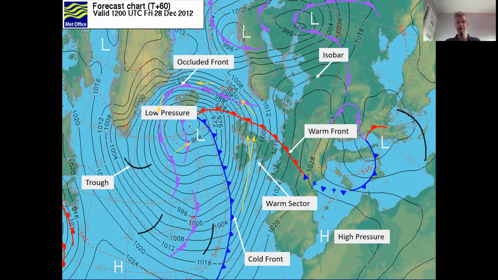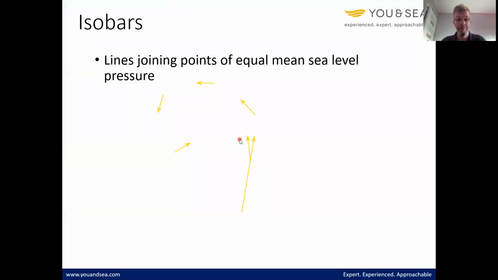The reason for this is the low pressure creates a vortex that pulls everything into the middle. So that will give you a bit more of an accurate wind direction at the location in which you're on the water. And we'll come back onto this in a little bit more detail.